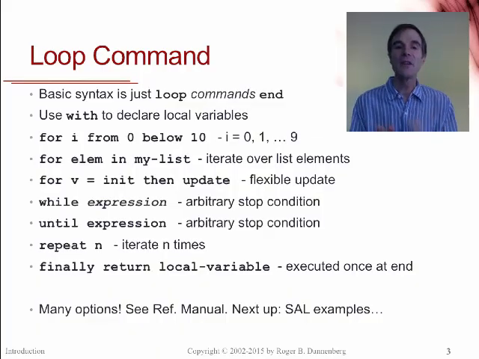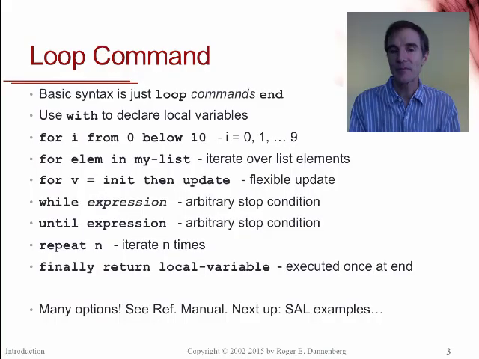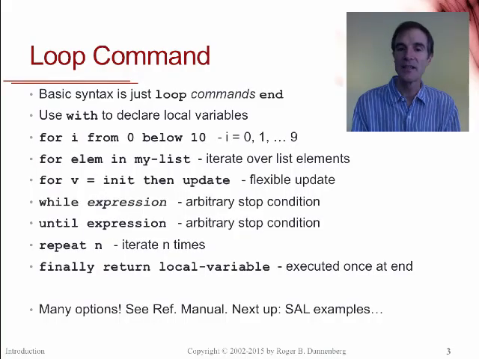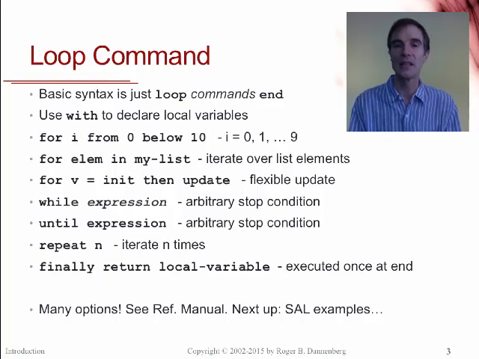And at the end of the loop, when the loop decides to exit, you can add a clause called finally and give a statement, or actually a compound statement, of things to do when the loop exits, while the loop variables still have values that you can access.